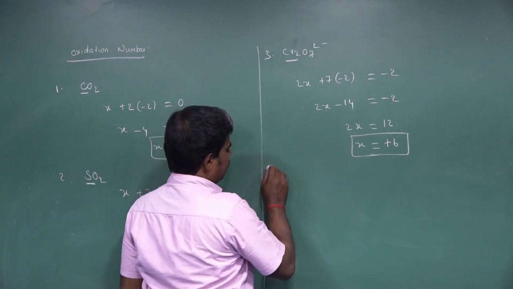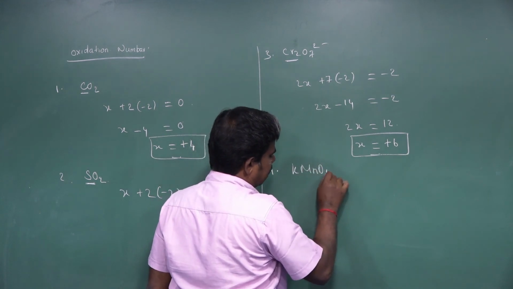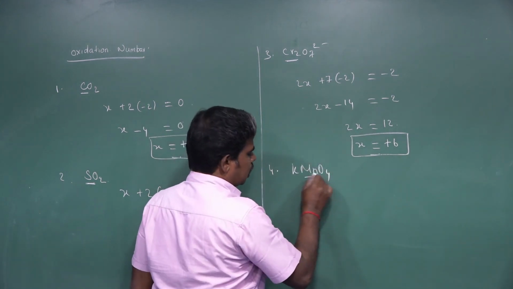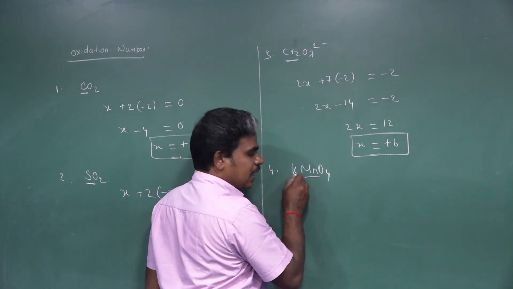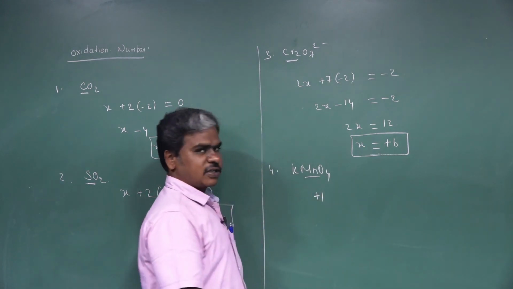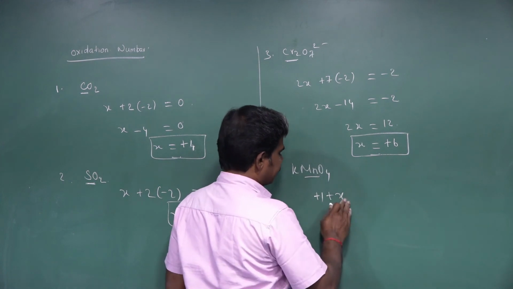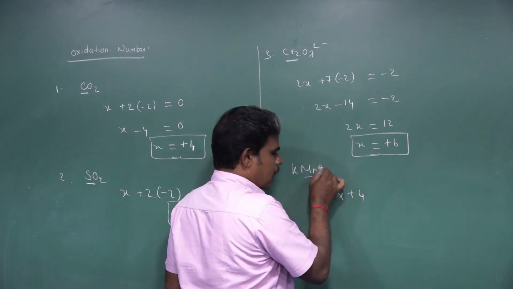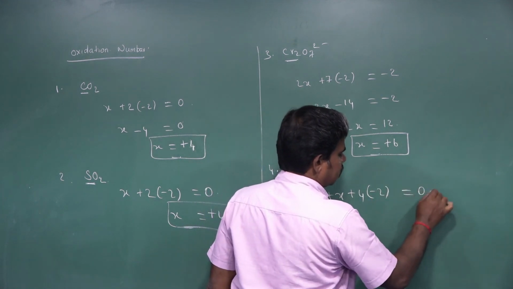And we are taking the fourth example, potassium permanganate, KMnO4. Find out the oxidation state of manganese. Potassium is an alkali metal, so it has +1 oxidation state, plus manganese, which we take as X, plus 4 oxygens, a normal oxide with -2, and it is equal to 0.